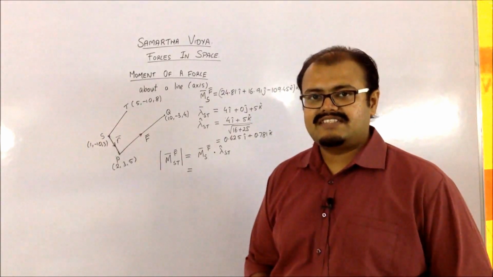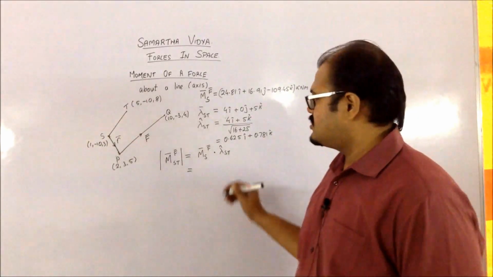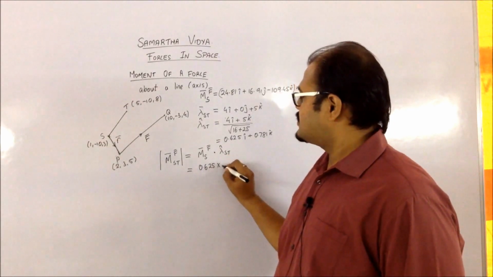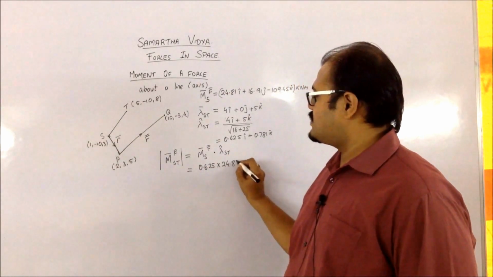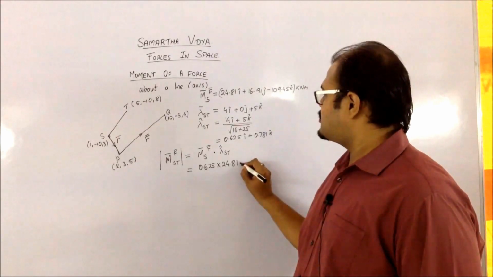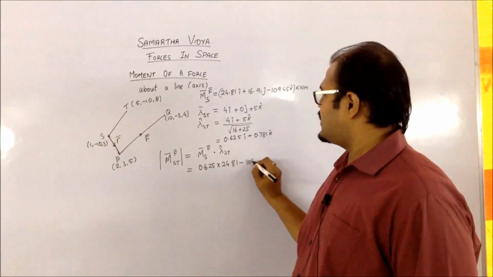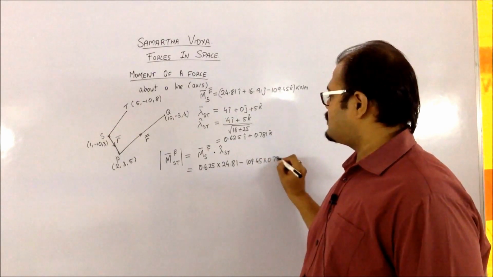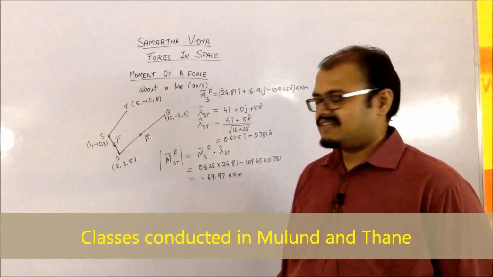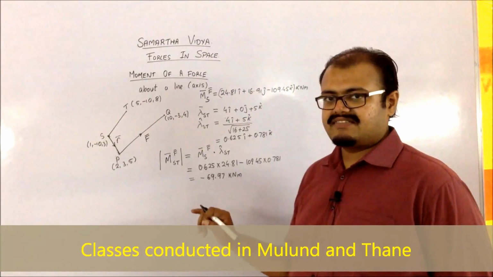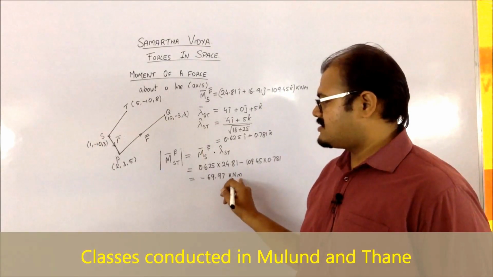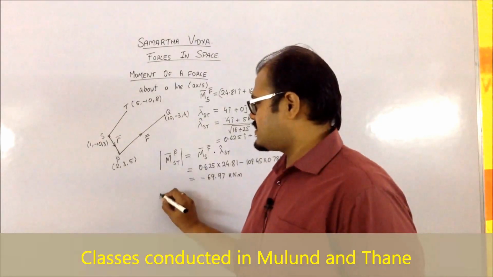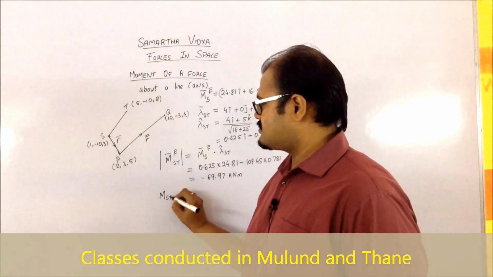In this we don't have the j term, so that's 0. So it's 0.625 into 24.81 and minus 109.45 into 0.781. So you're getting this magnitude as minus 69.97 kilonewton meter.